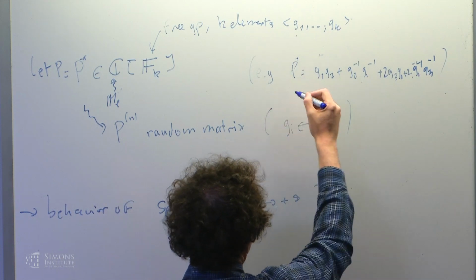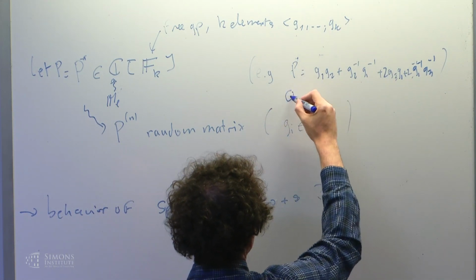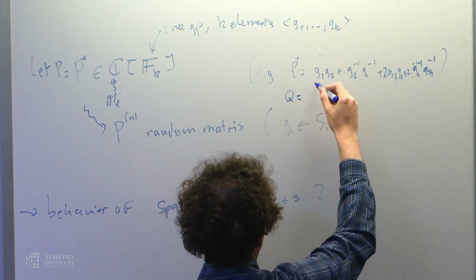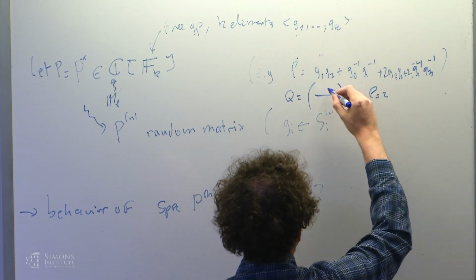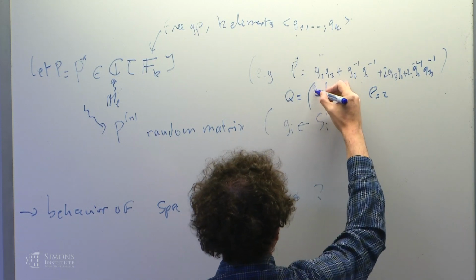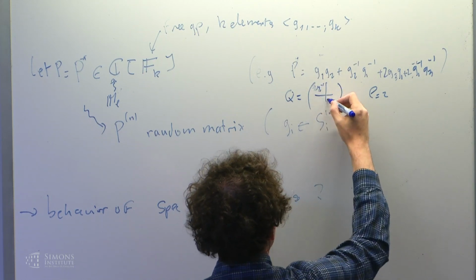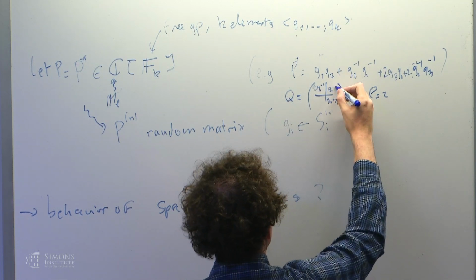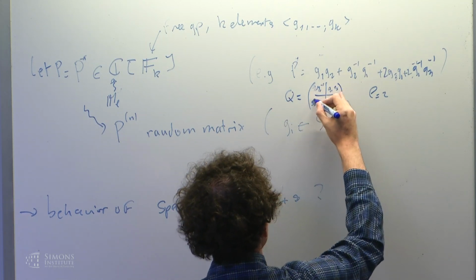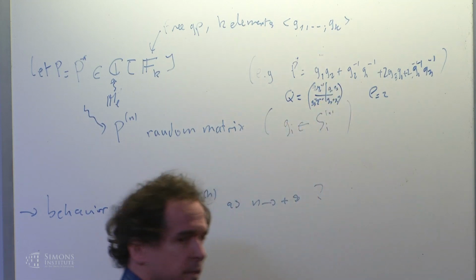So, for example, I could have something like Q, which, if L equals 2, could be G1 plus G1 inverse, and then G2 plus G2 inverse, and then G1, G3, G3 inverse, G1 inverse, whatever, something like this.